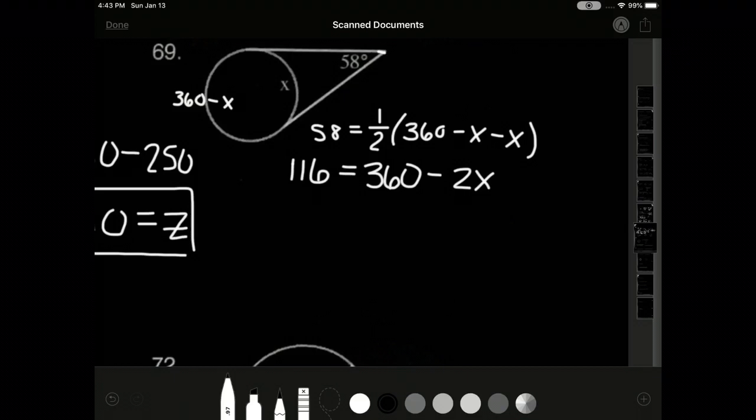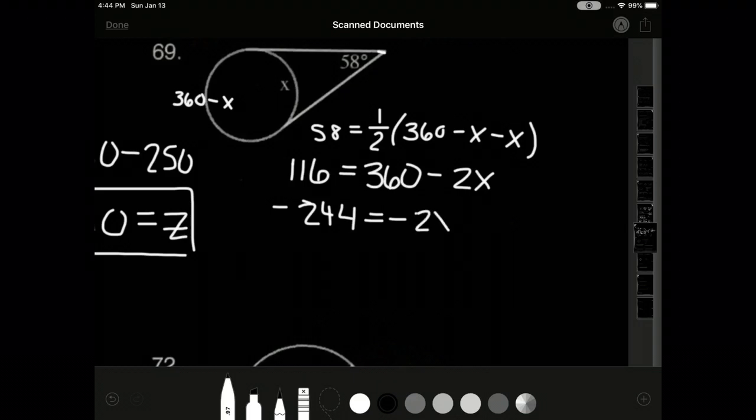So if we subtract 360 from the 116, I get a negative 244. But that equals a negative 2x. So we can take the negative 2 and do negative 244 divided by negative 2, and we get a positive 122 for x.